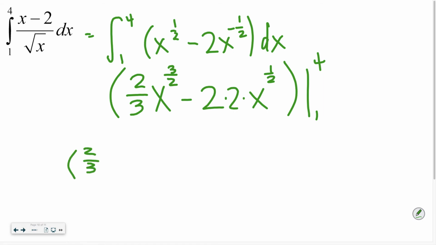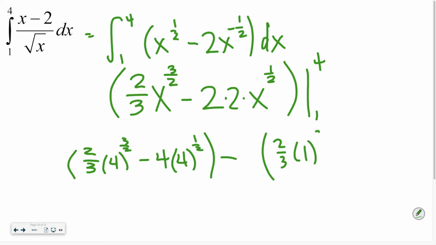So we have 2/3 times 4 to the 3/2, minus 4 times 4 to the 1/2. There's F of b minus F of a. What's 4 to the 3/2? Times 2/3 is 16/3.